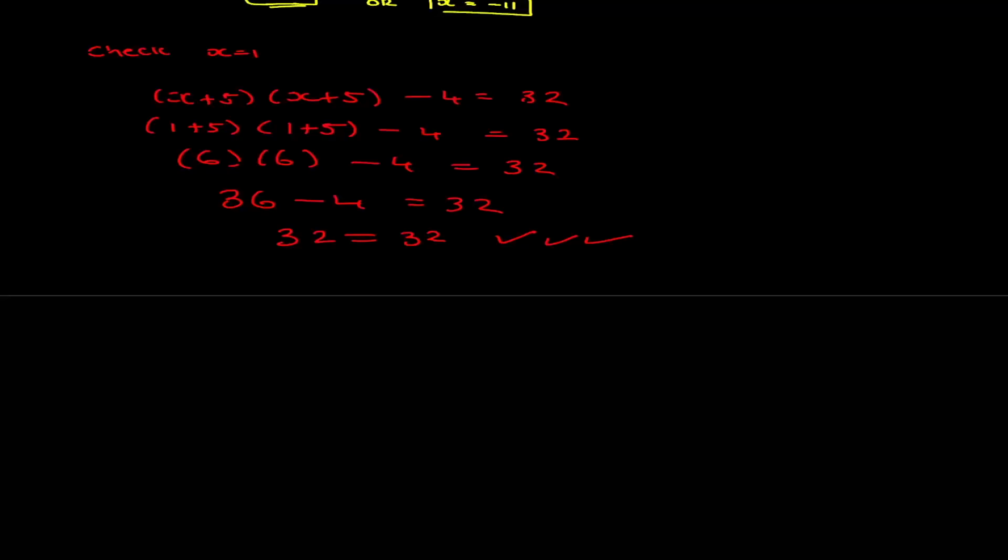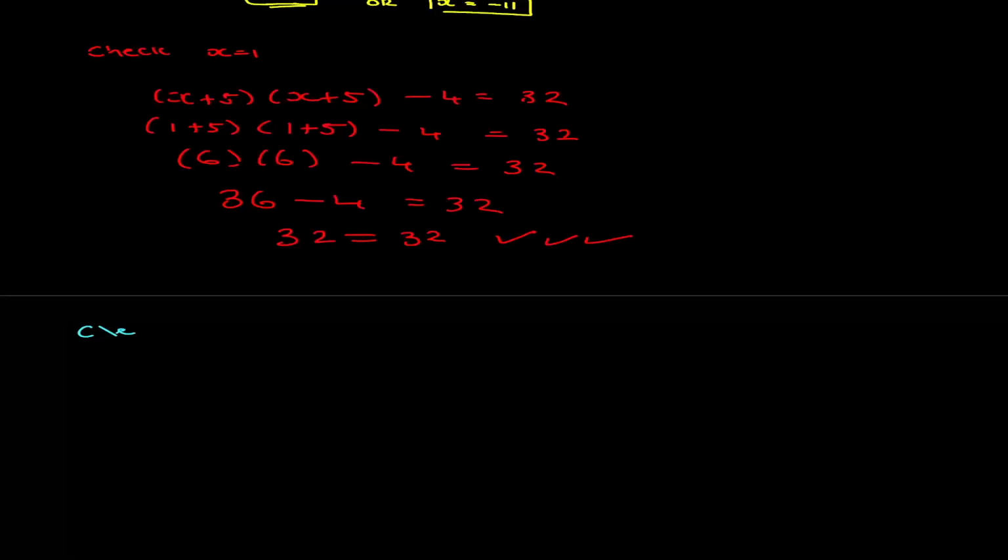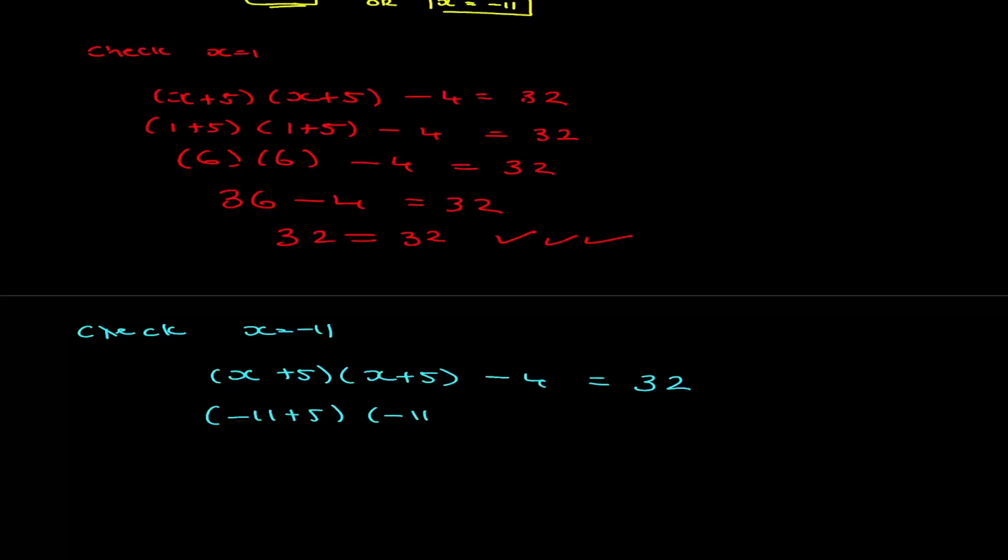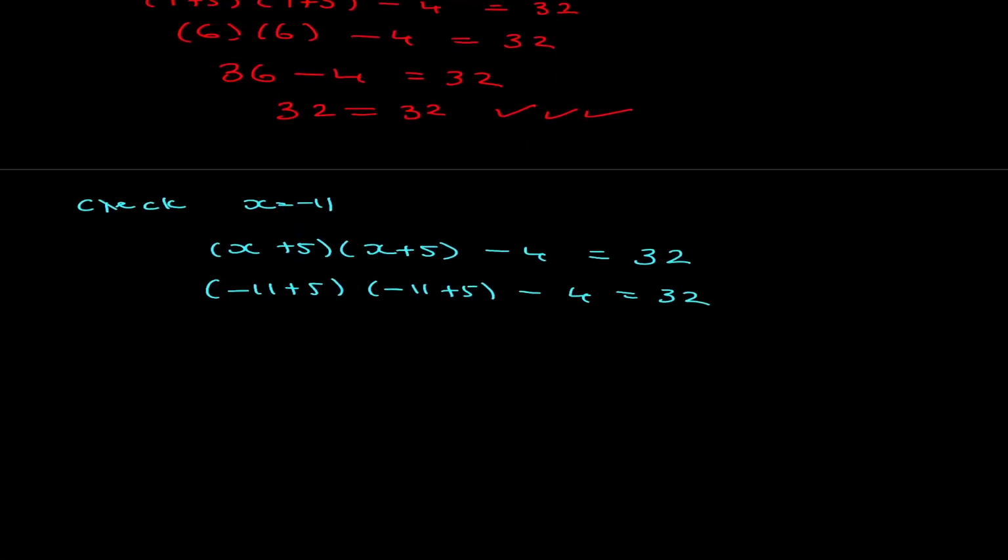What about the other one? So let's check when x equals negative 11. So let's write out my equation. This one's going to be a lot more fun because we've got negatives, and I love working with negatives. (-11 + 5)(-11 + 5) take 4. And we want to know if it equals 32. Negative 11 plus 5 is negative 6. Negative 11 plus 5, you get negative 6.